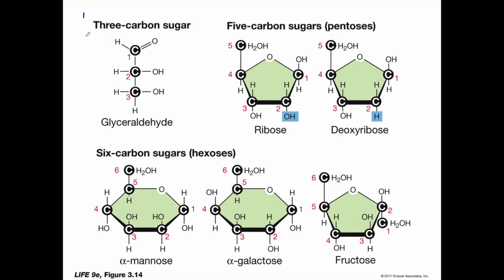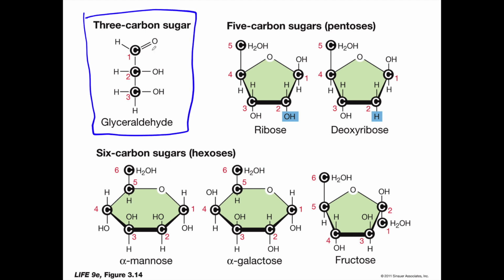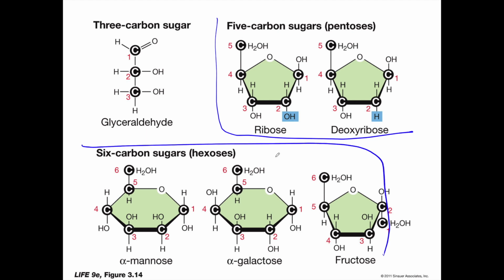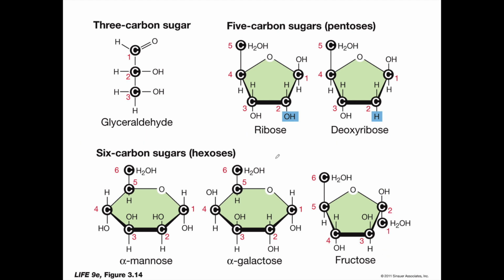This one here is built out of 3 carbons. Since you have 3 carbons, you will also have 3 oxygens, and then twice as many, or 6, hydrogens. Or you could have monosaccharides built out of 5 carbons, or out of 6 carbons. Those are all examples of monosaccharides, single sugar molecules.